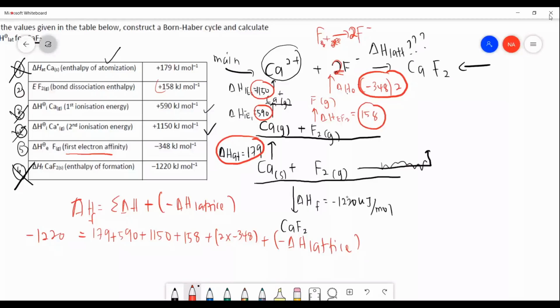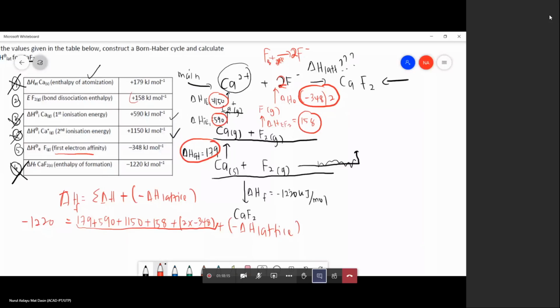So what's the value? Total all this together, what's the value? Let me count. Don't forget to multiply by 2 because there are 2 formations of F minus. Here is 1, so you need to multiply by 2. This is the formation of 1 F, and electron affinity means that you need 2. I got 1381.